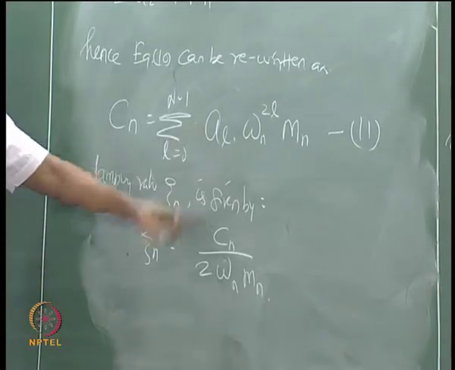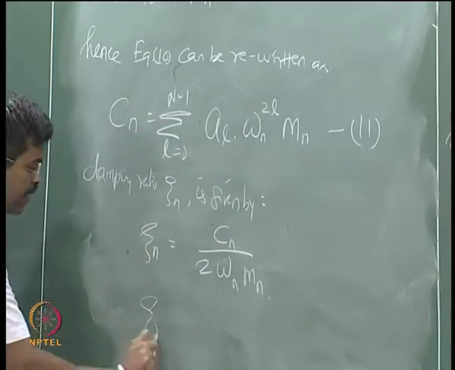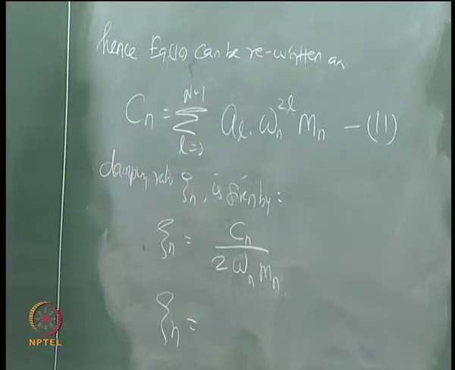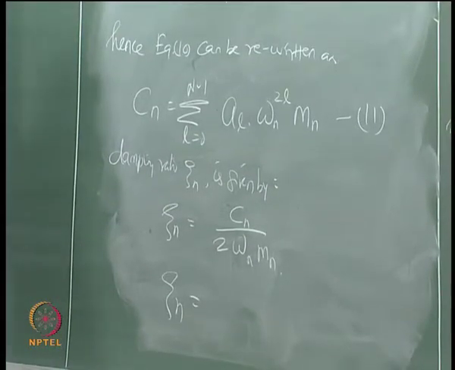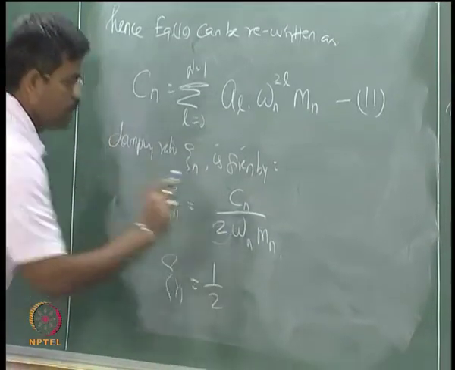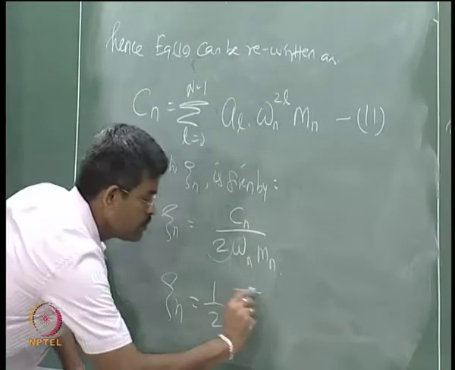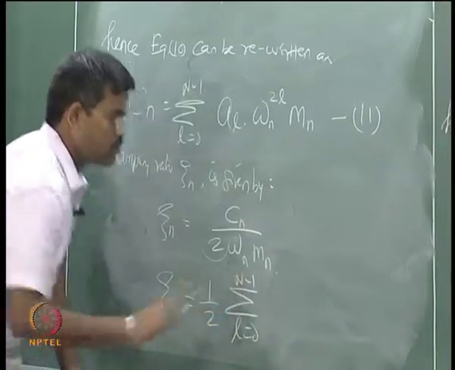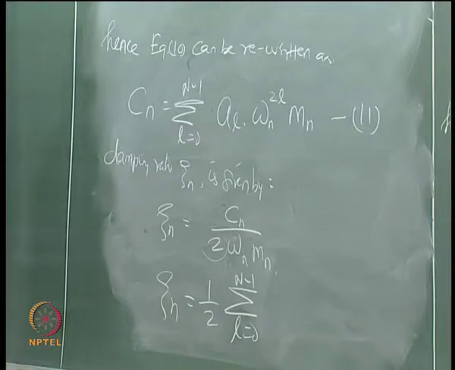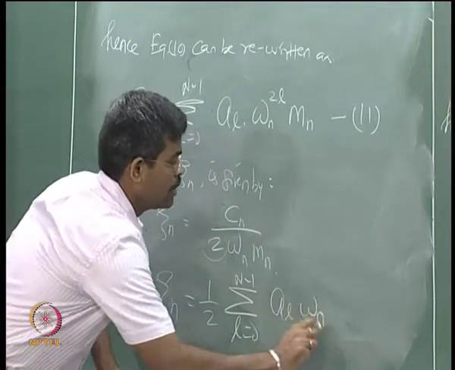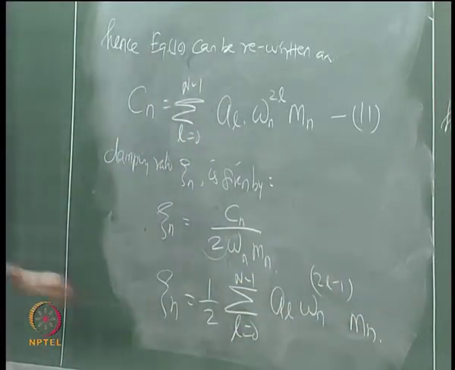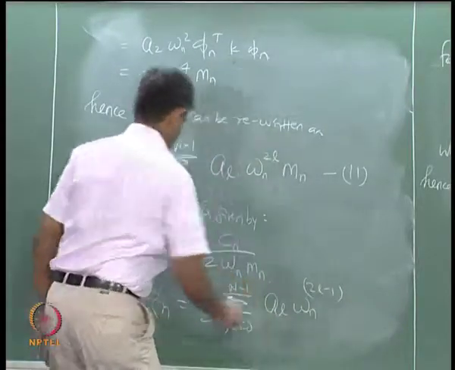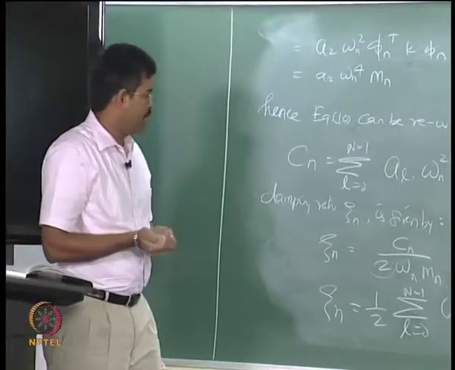Substitute back for Cn here, omega gets cancelled, and ultimately we get zeta n as one by 2, summation of L equals 0 to n minus 1 of AL omega n to the power 2L minus 1. No, mn goes away, sorry. That is my equation number 12.